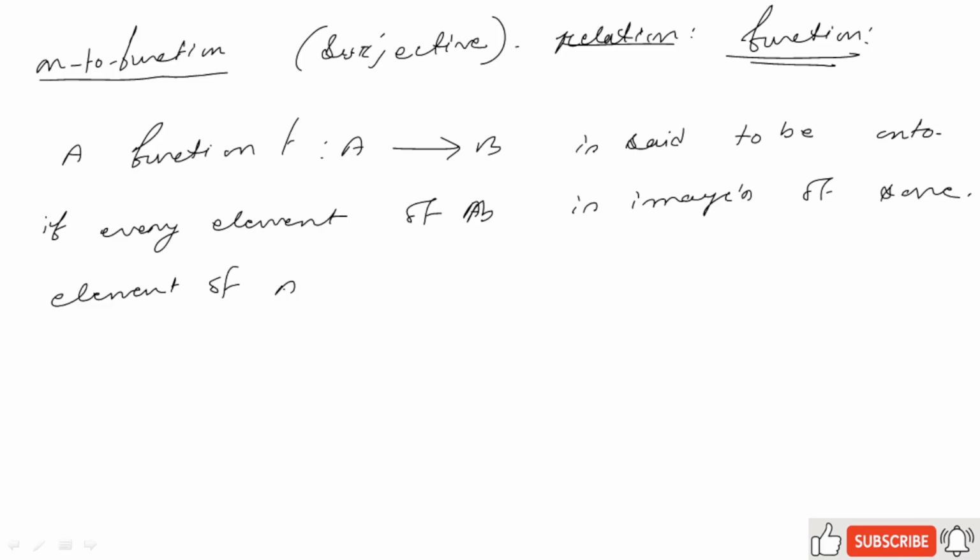That means if we are taking two sets, A: 1, 2, 3 and B: p, q, r, then according to the definition there is not any one element remaining. Okay, so then we call it what? Onto relation. Okay, this is an onto relation, and also one-one.